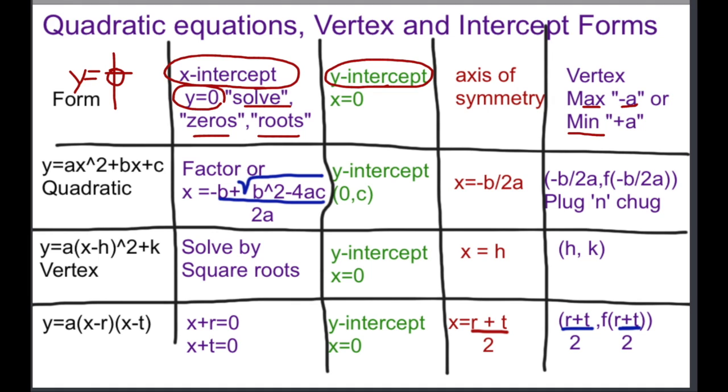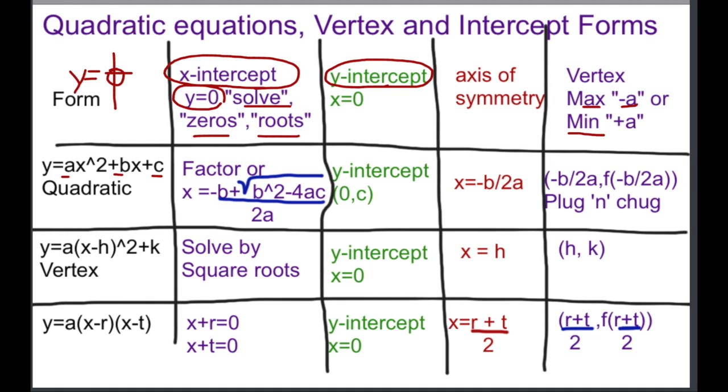First we look at the quadratic equation, which is ax squared plus bx plus c. We do a lot of factoring with this, which means that we find the x-intercepts fairly easily. But if you can't factor, you can always use the quadratic formula to find the x-intercepts.